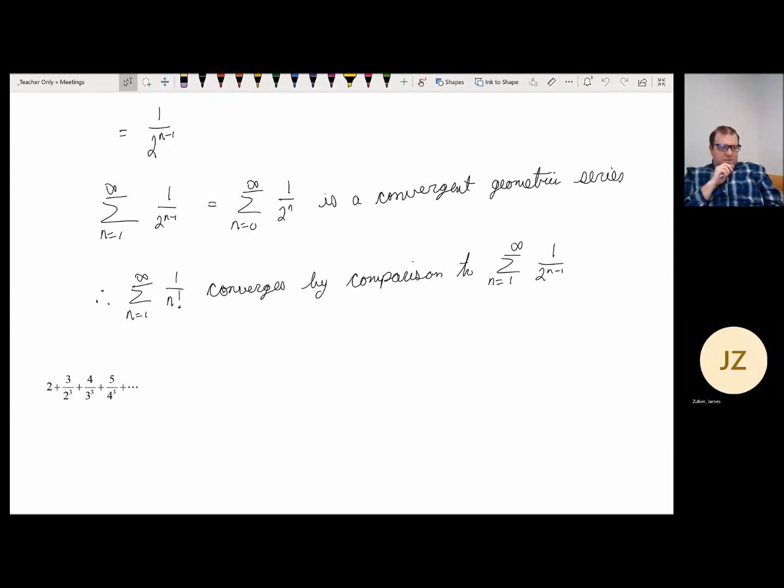Let's look at 2 plus 3 over 2 cubed, plus 4 over 3 cubed, plus 5 over 4 cubed, plus so on and so forth.